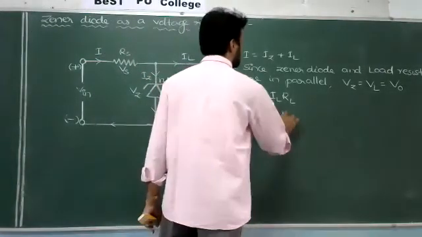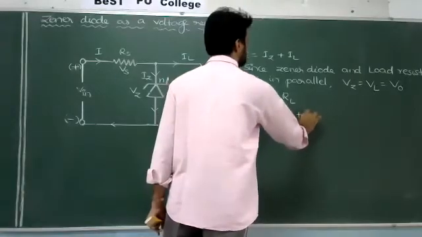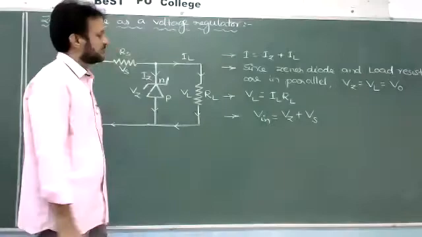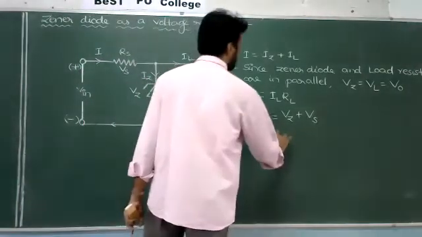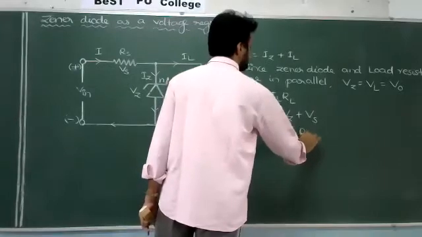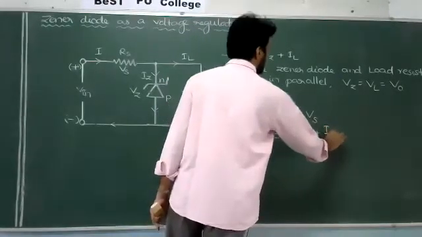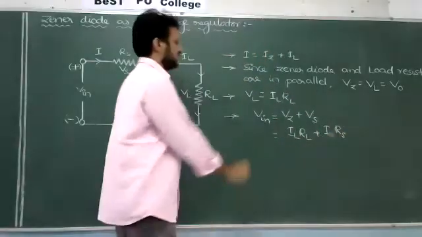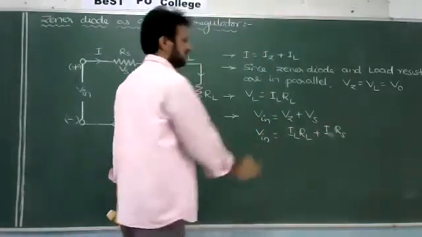V input is equal to Vz plus Vs, adding both the values. Or we can also write Vz is equal to IL RL, plus Vs is equal to IS, or I into RS.